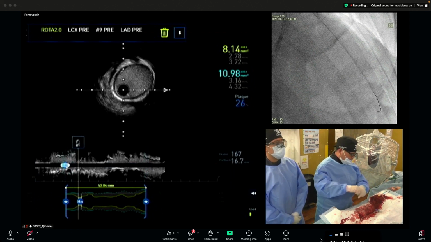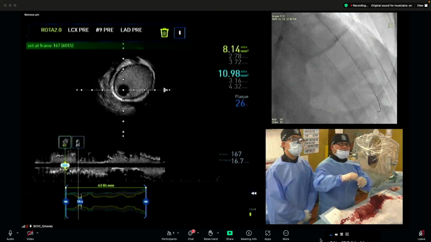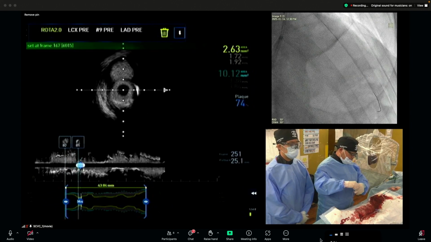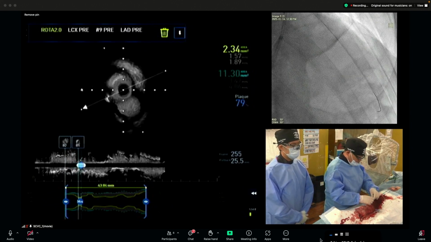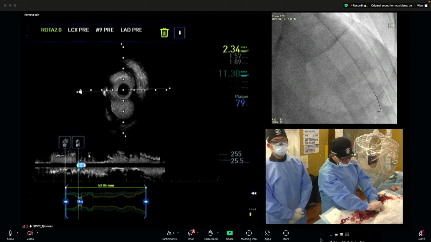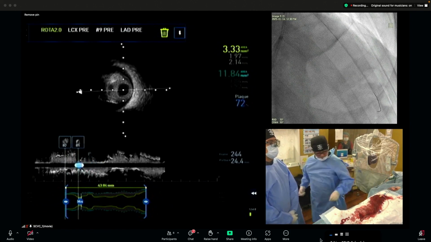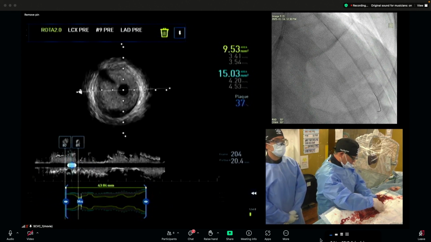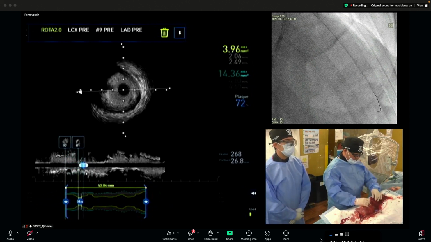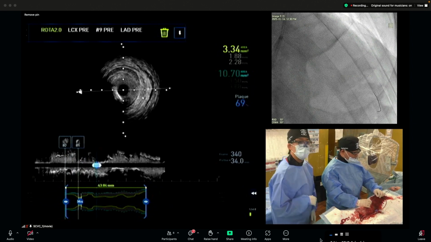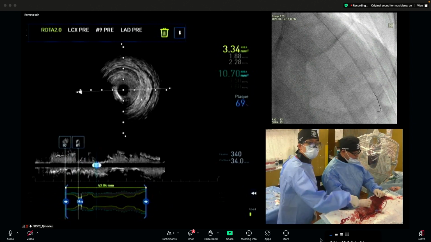This is a different side, and going forward, this is a septal. Beyond the septal point, and more proximal, we can see some vessel injury here.